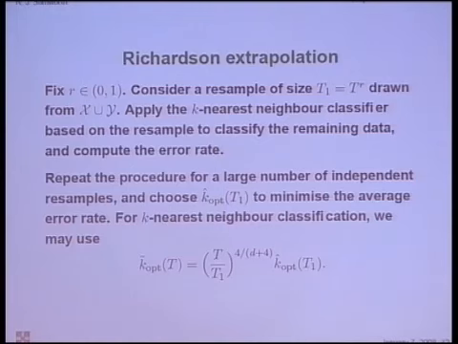We apply the K nearest neighbour classifier to the resample, classify the remaining data, and compute the error rate. We can do this lots of times based on different test and training data sets. That gives us an optimal choice of K for a particular total sample size T1. And because we know the rate at which these things scale with the total sample size, we can incorporate the appropriate scaling factor for use when we have a total sample size of T.